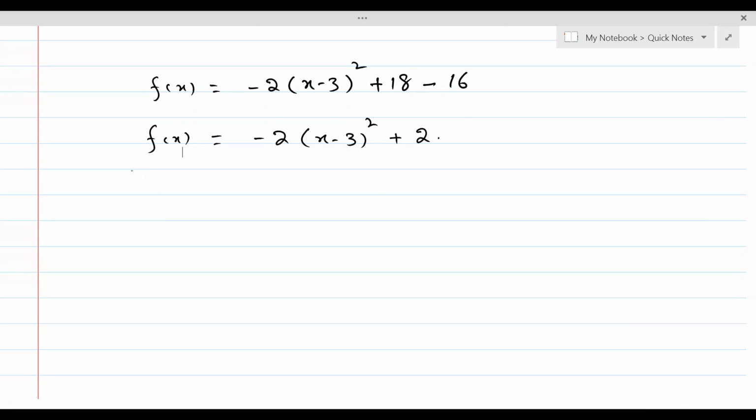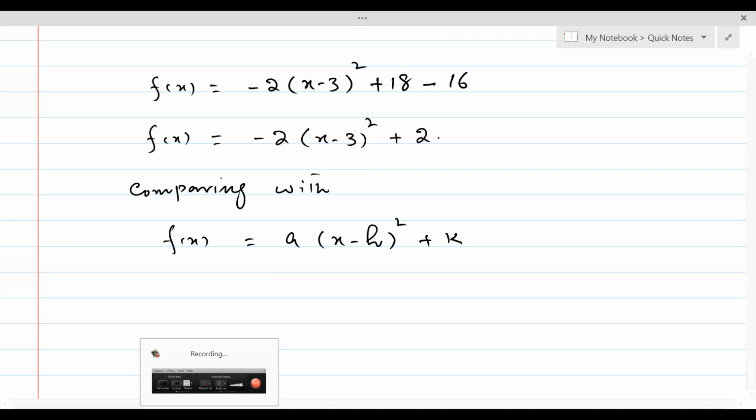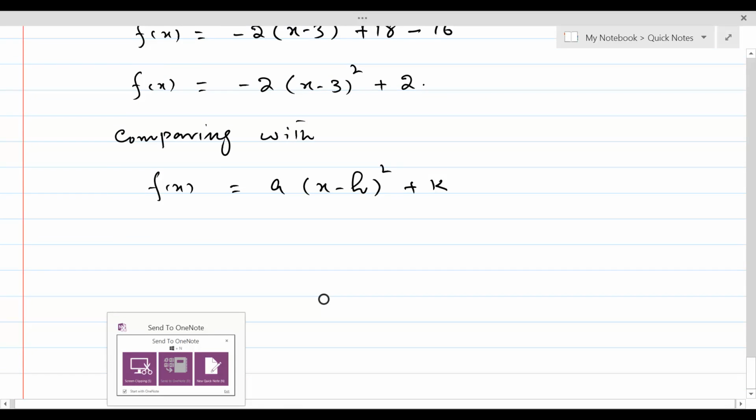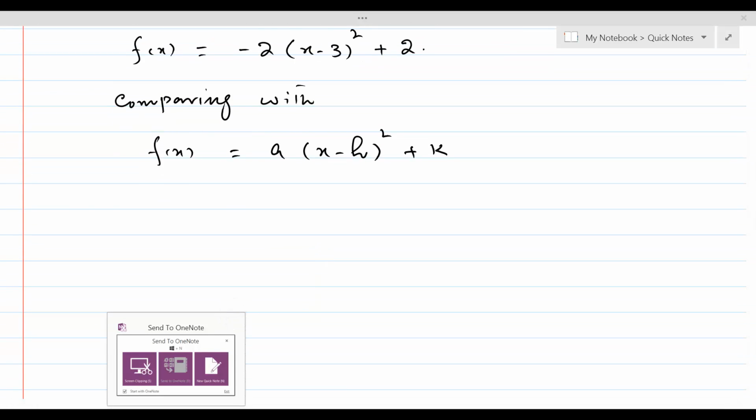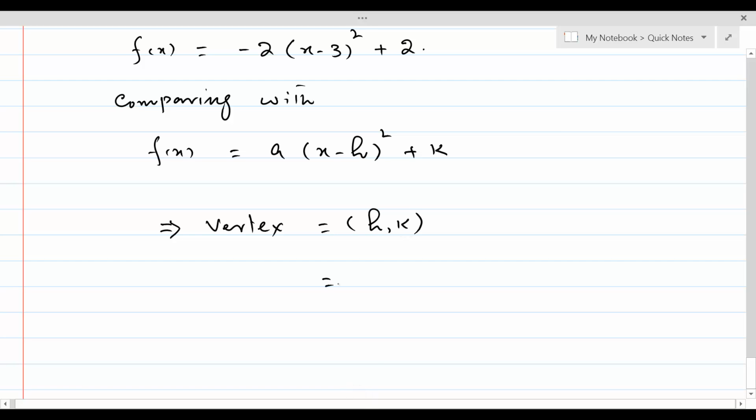And now comparing it with f of x equal to a into (x minus h) whole square plus k, we can see that the vertex (h, k) is in fact (3, 2).